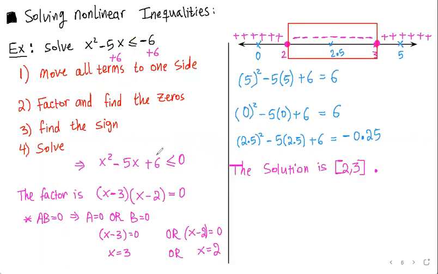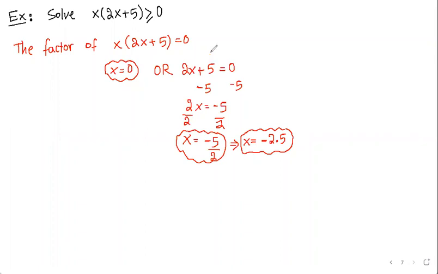Okay, now step number 3, find the sign. So we draw a line. In this line we have the two points. 0 is closed because it's equal to 0.